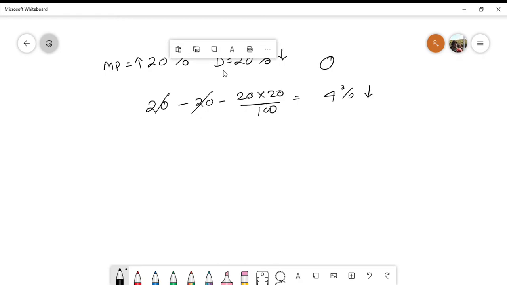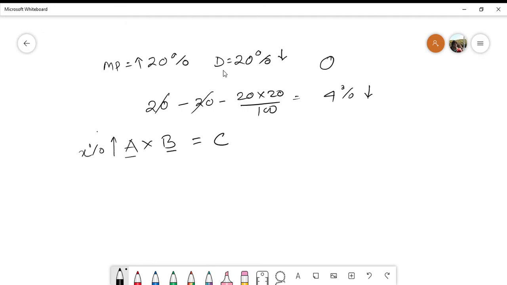Okay, similarly this idea can also be extended to a type of problem where, let's say, I have two numbers. I have this equation, A into B, which is equal to C. The same successive thing can be applied here. If I increase A by X percent and I increase B by Y percent, what is the overall effect on C?